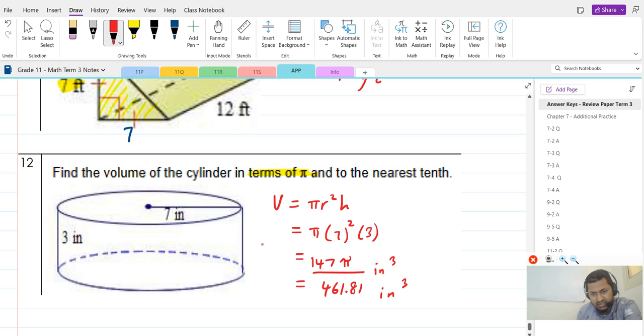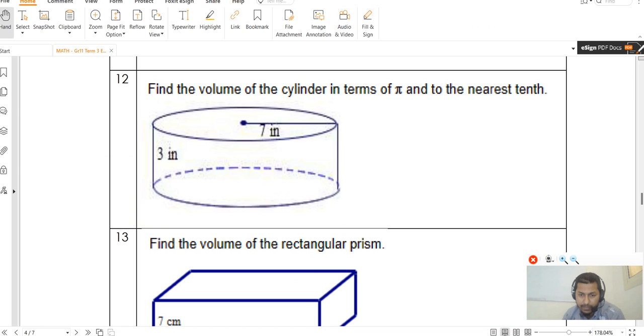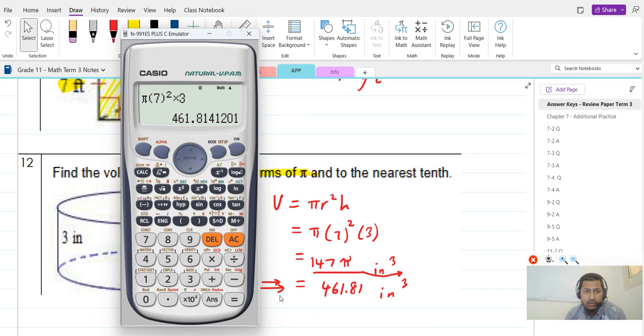You need to write it in this form. That's my final answer. I'm just showing you how to convert into the nearest hundredth. Was that right? Yep, 461.81. Remember, if it's 5 or more, then you round up. If it's less than 5, you ignore it.